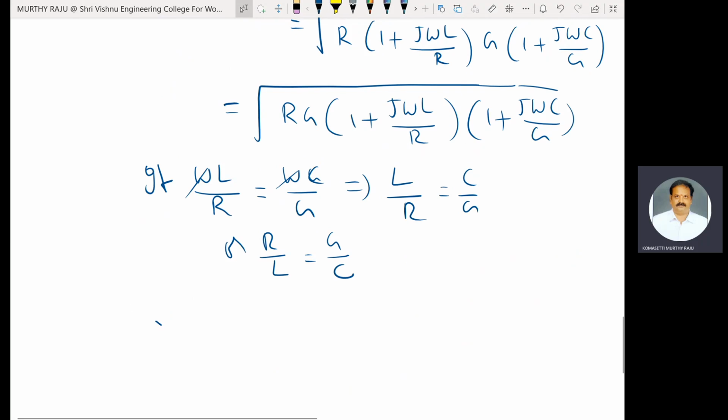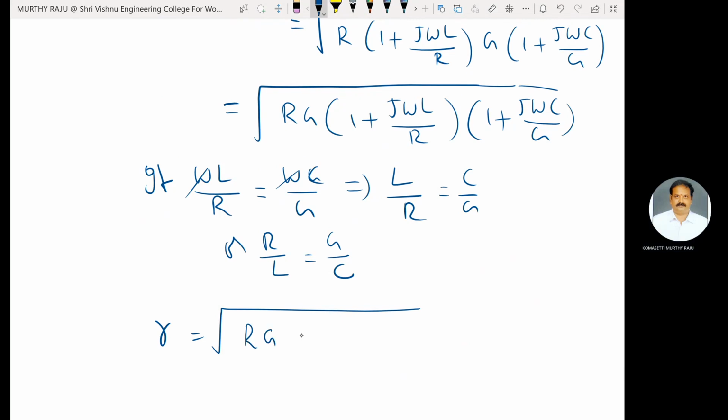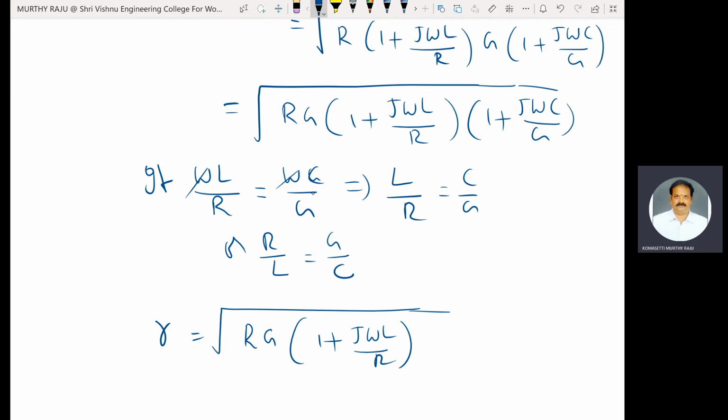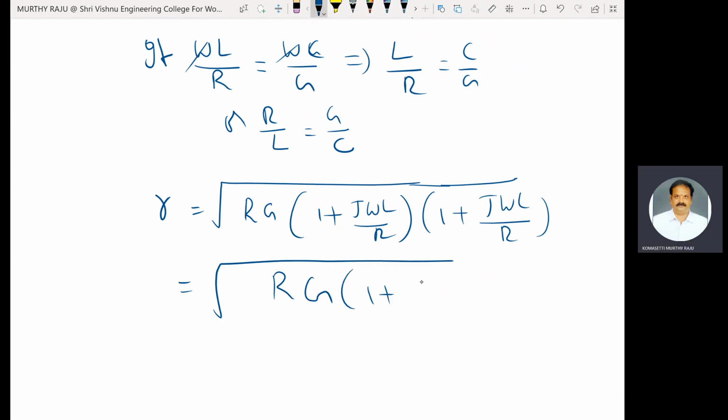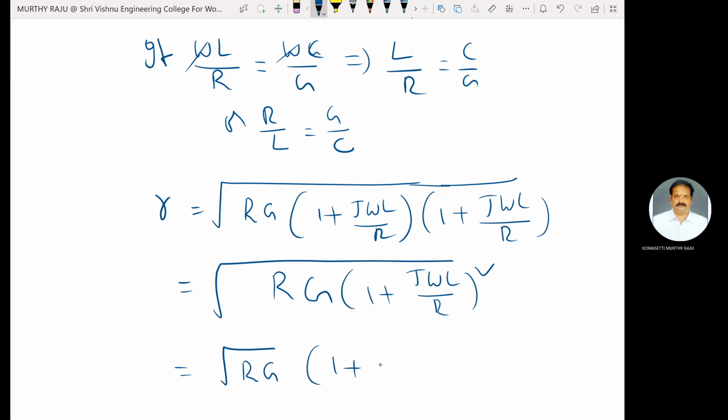Therefore, propagation constant gamma is equal to square root of RG (1 plus j omega L by R), since omega C by G is equal to omega L by R. That means gamma is equal to square root of RG (1 plus j omega L by R) whole squared, that is equal to root RG (1 plus j omega L by R).